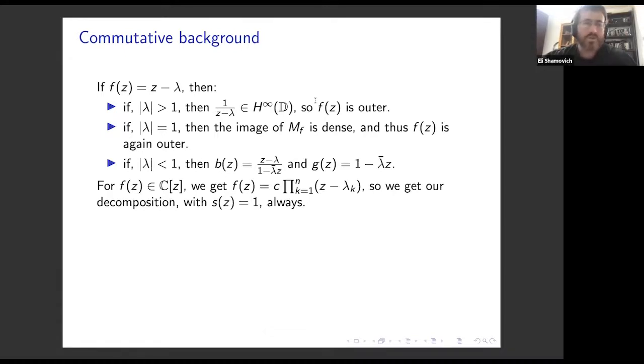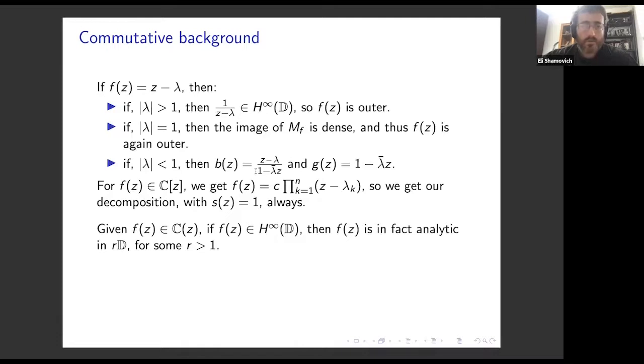And if we use the fundamental theorem of algebra, we can decompose our polynomial into a product of factors of this form, and we precisely know what happens. So they are either outer or inner. And the inner part is always rational. And the outer part is always a polynomial of degree at most the degree of f, might be less.